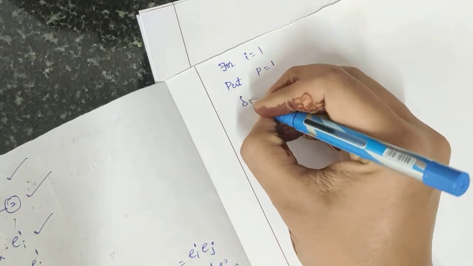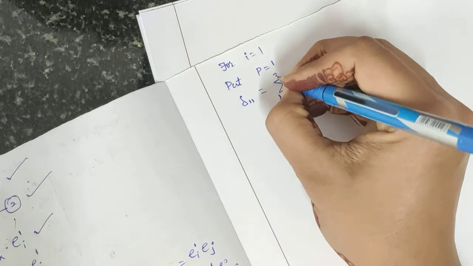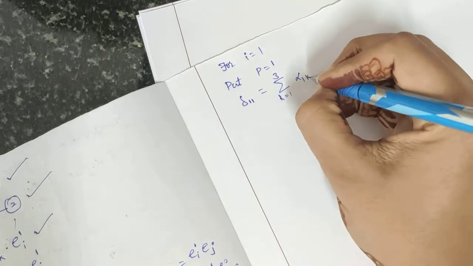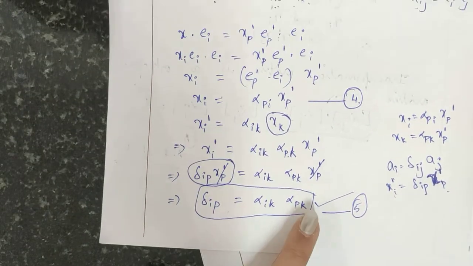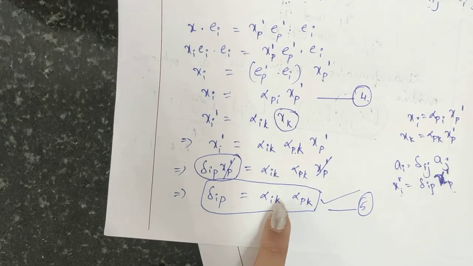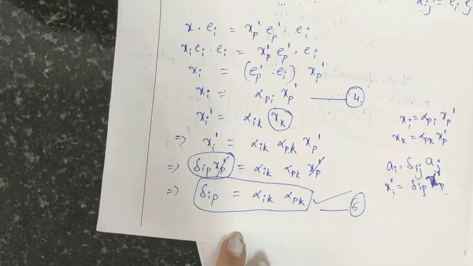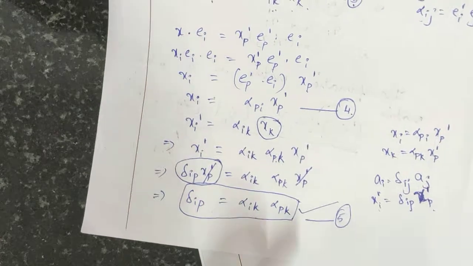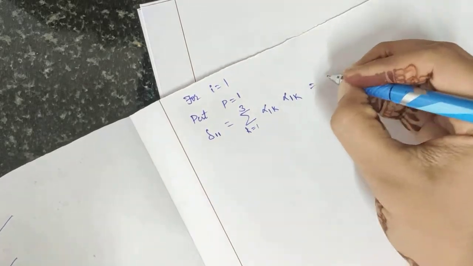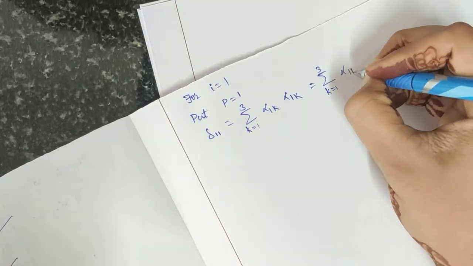So you will be getting delta 1 1 is equal to summation k is equal to 1 to 3 alpha 1k alpha 1k, right? Here i is also 1, p is also 1. We are taking summation on the dummy suffix k, that is summation k is equal to 1 to 3 alpha 1k square.